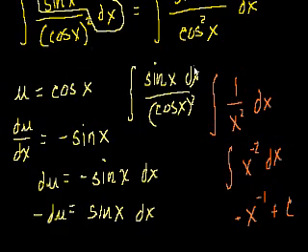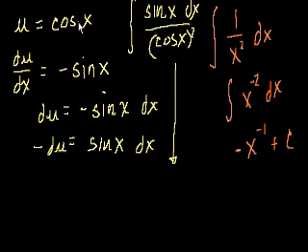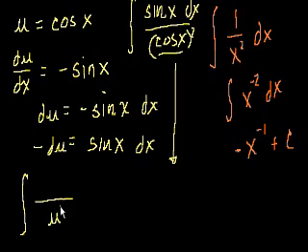Let's rewrite this original problem now. I know I'm running out of space. We know that u is equal to cosine of x. So now this integral becomes, in the denominator, instead of cosine of x squared, u squared, since cosine of x becomes u. And then sine of x dx, what is that equal to? Well, we just solved for it here.